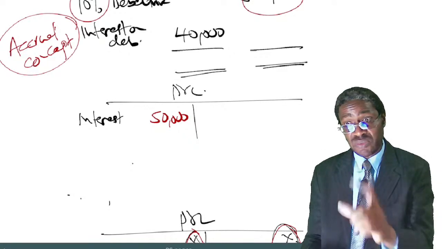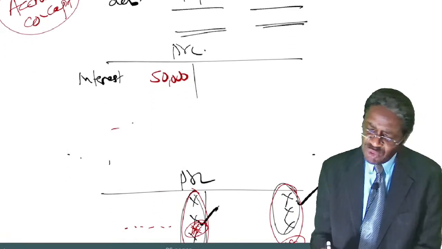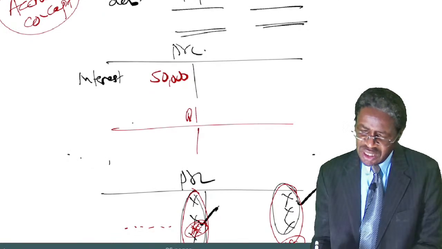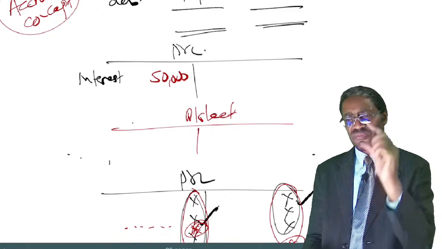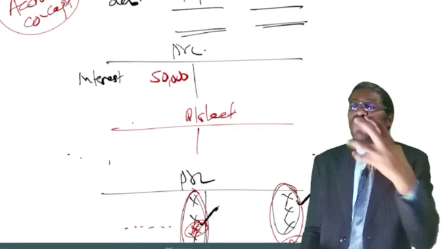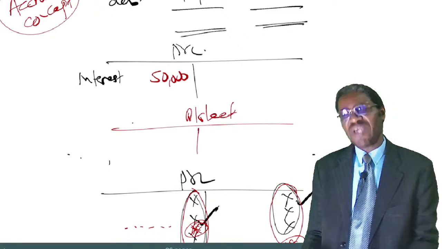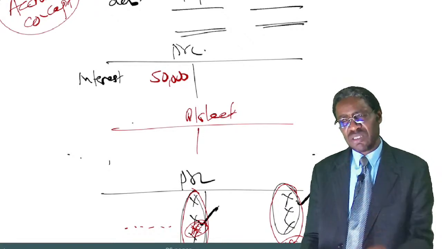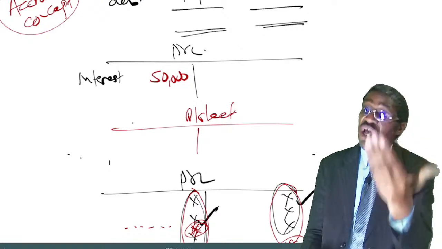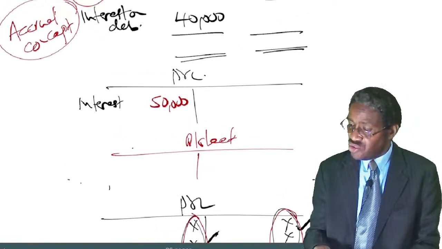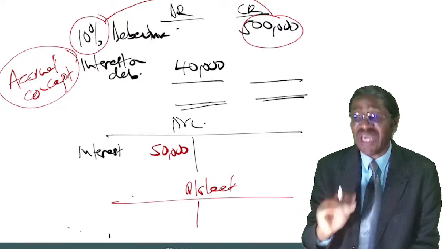50. When you are doing the balance sheet for this company, that's the time you became concerned and asked yourself as a company, do I owe my debenture holders anything concerning interest? That's the time you went to the trial balance and asked yourself, have we paid them anything?